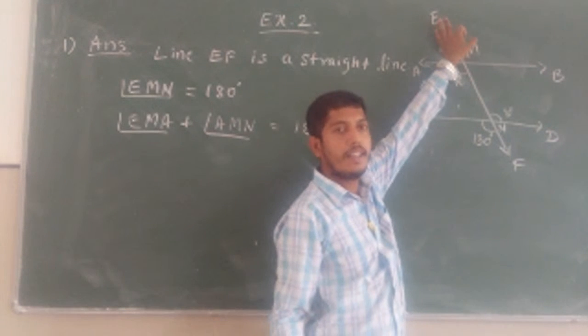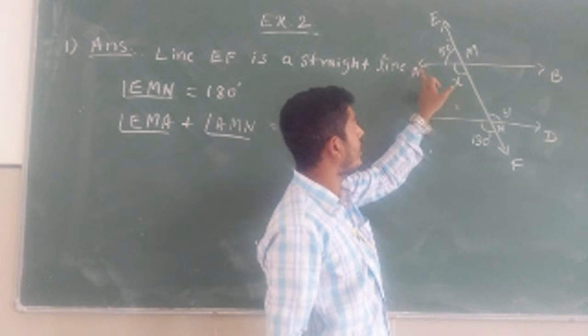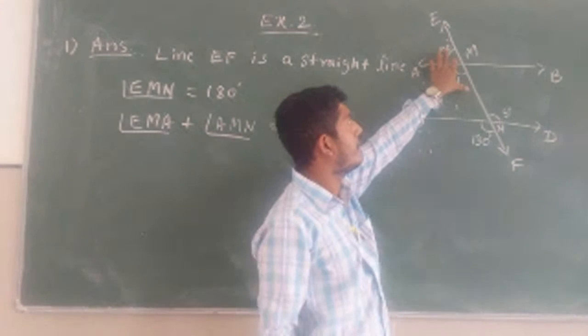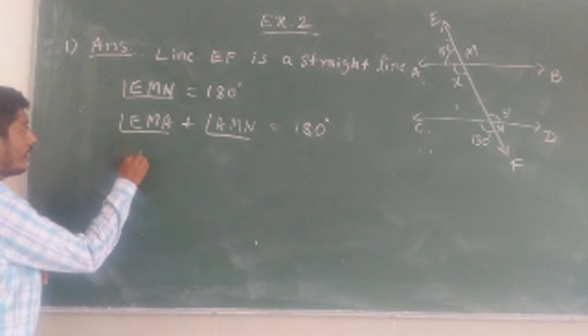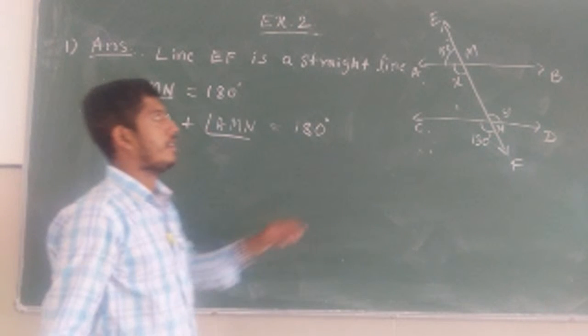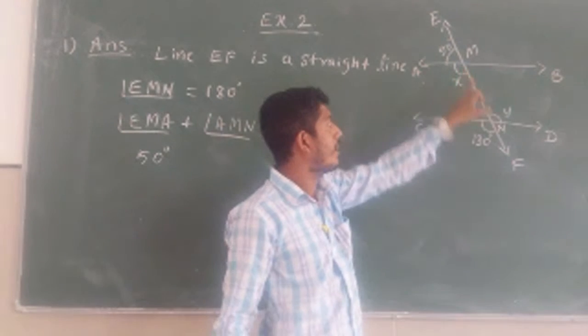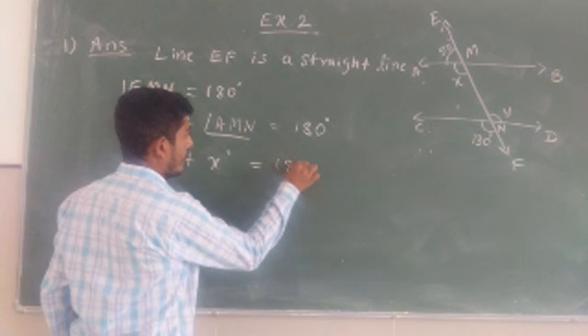Here angle EMA, that means this angle, plus AMN, that means this angle, and the total is equal to 180. We know that angle EMA equals 50, that is given, and AMN equals x, so the sum equals 180.